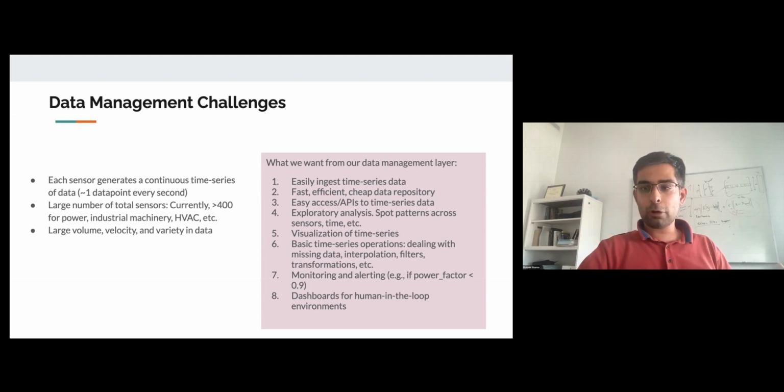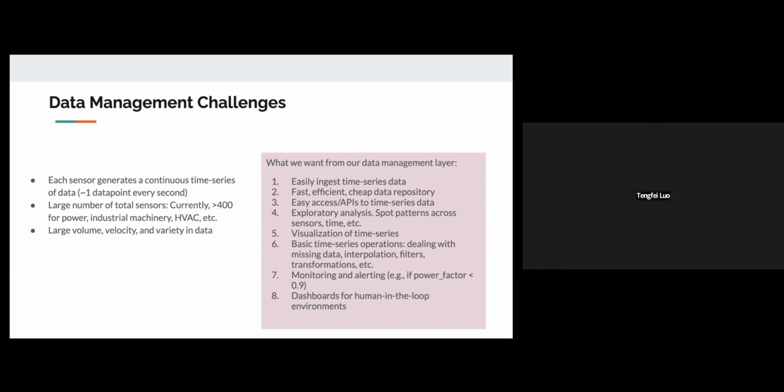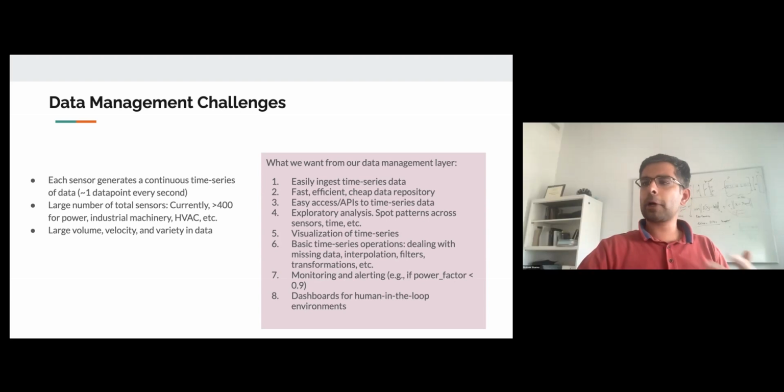Which involves some kind of visualization and some basic time series operations, like dealing with missing data, which is very common, interpolation, filtering, and so on. These are the basic building blocks of time series operations. And we want to be able to do this in the data management layer itself, to supplement and complement whatever analysis techniques are there on the right of the pipeline.